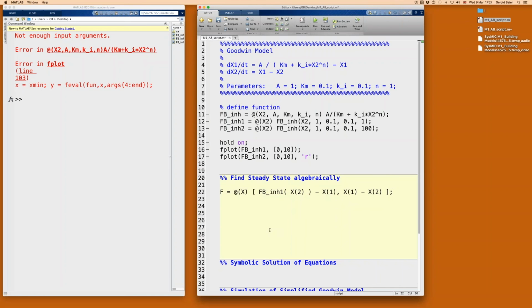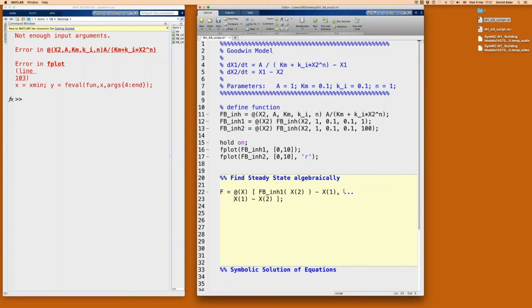Okay, so we've got our first system, and the important thing to note here is that this is recurring back to a function that we previously defined, which is actually also good practice. But if you run that section individually, make sure you have actually executed the previous function to create this fb_inh1, because otherwise it will be unknown.